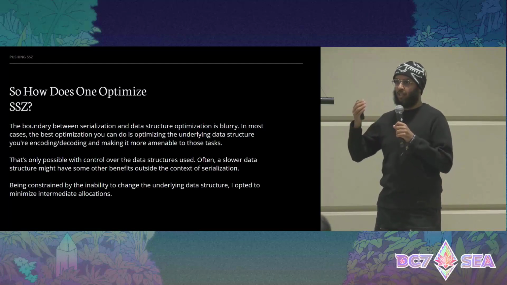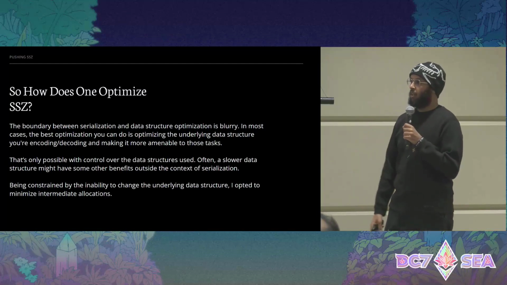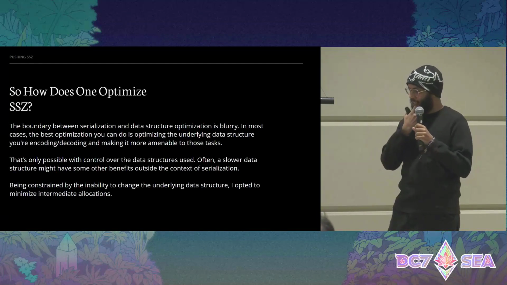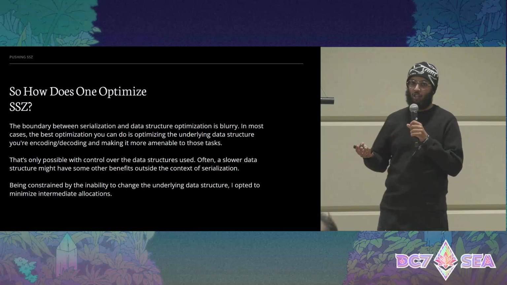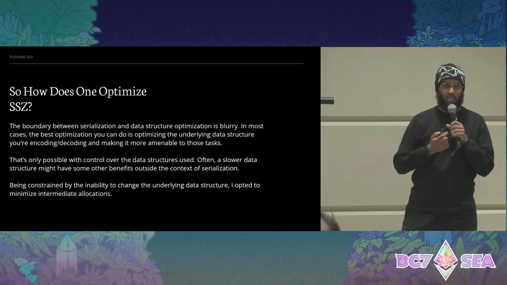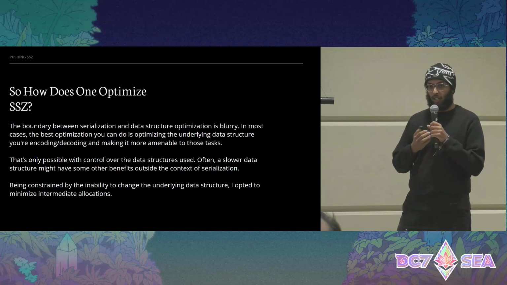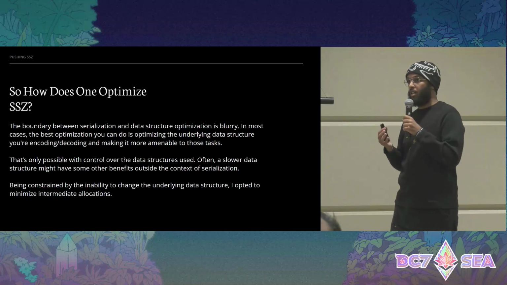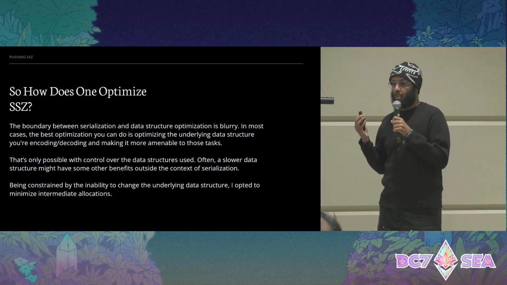It's better to just think about how to work with the types we have. And so being constrained by the inability to change the underlying data structure, I opted to minimize intermediate allocations. A second bottleneck in serialization is how much memory you're allocating in between steps to serialize and deserialize.